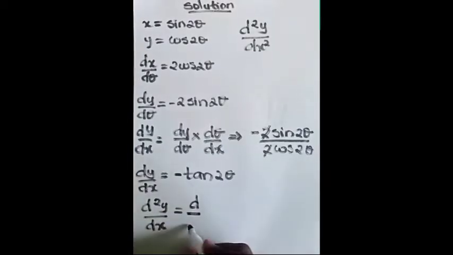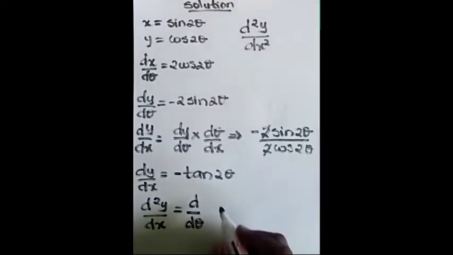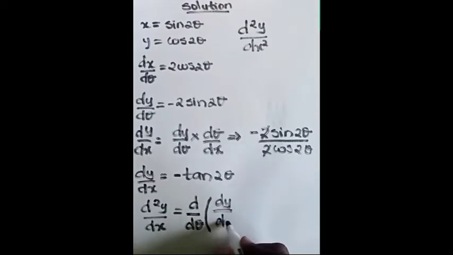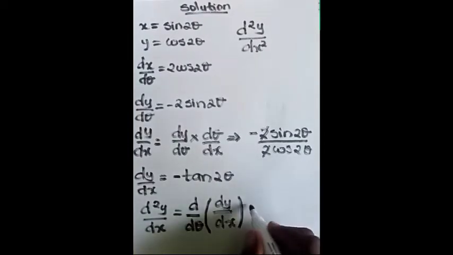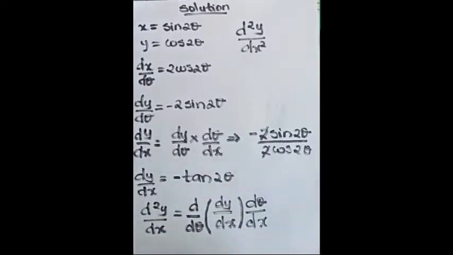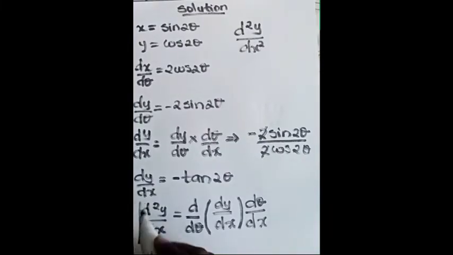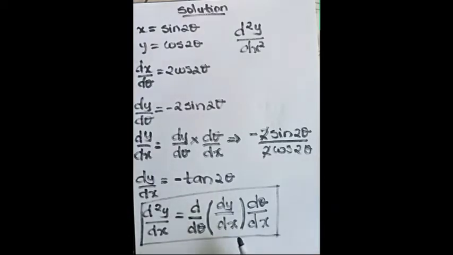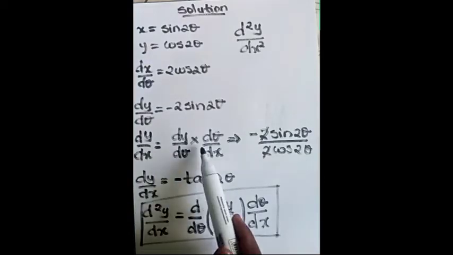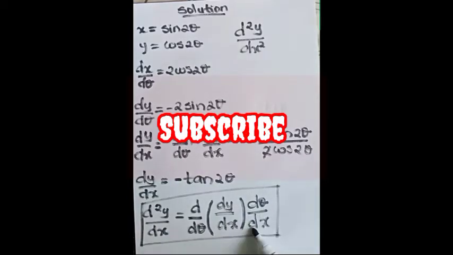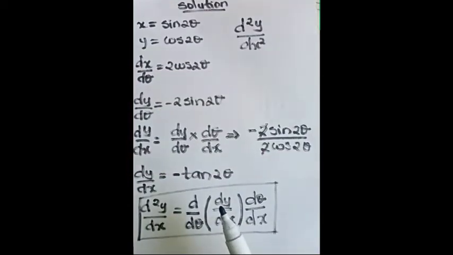I differentiate the function dy/dx with respect to theta and multiply it by dθ/dx. Here's the formula we're going to be using, where dy/dx is simply dy/dθ times dθ/dx, and we're supposed to multiply it by dθ/dx.